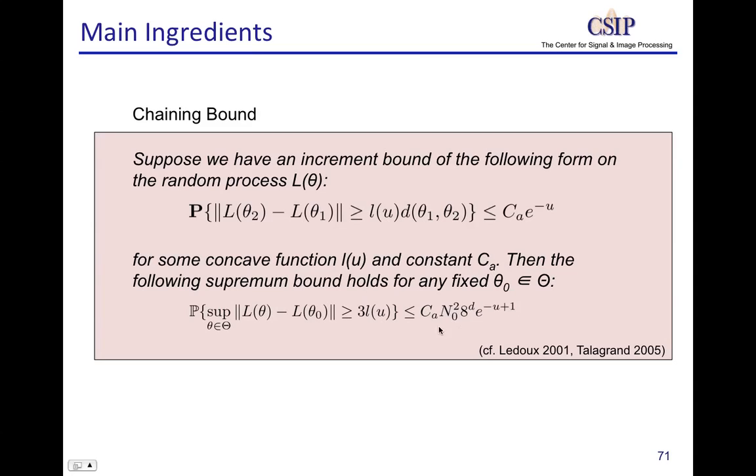So for that same constant Ca, and for any fixed theta naught inside of this capital Theta, and we're just going to choose this theta naught to be theta hat later, but for now, if we have these conditions, then we have this supremum bound that holds, basically. So this is a probability bound over the supremum over all such thetas. This is essentially what we need. This is one of the main ingredients. All we need left, basically, is to establish a bound of this type, and that will allow us to make the whole case. How do we do that?